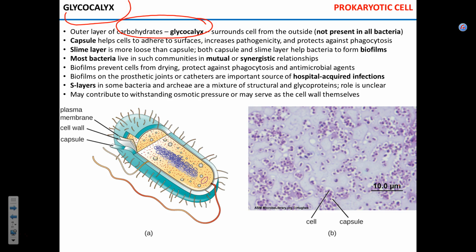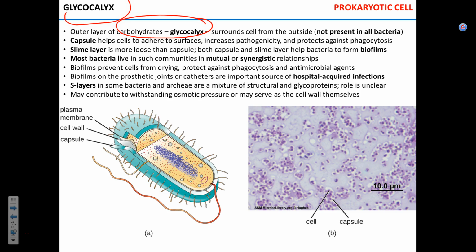Its main function is to protect the cell from phagocytosis. It also improves attachment of the cell to surfaces. Slime layer plays less role in protection against the immune system, but increases the attachment as well.